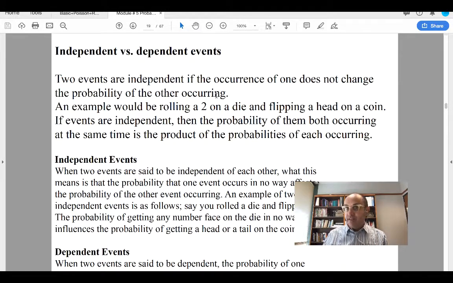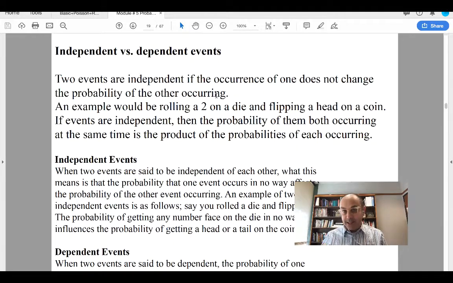So, what is the definition of an independent event? And what is the definition of a dependent event? I will start with the dependent event. When 2 events are said to be dependent, the probability of one event occurring will influence the likelihood of the other event.